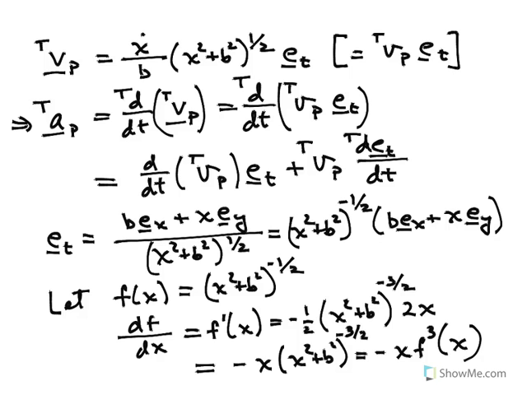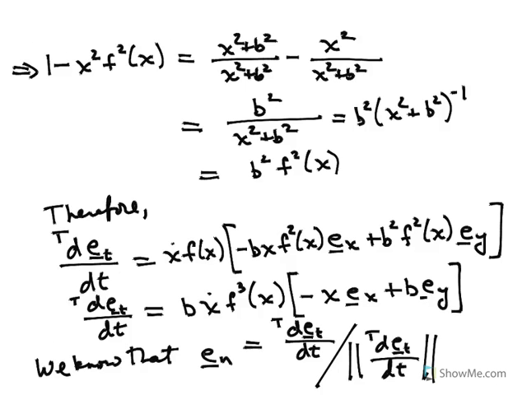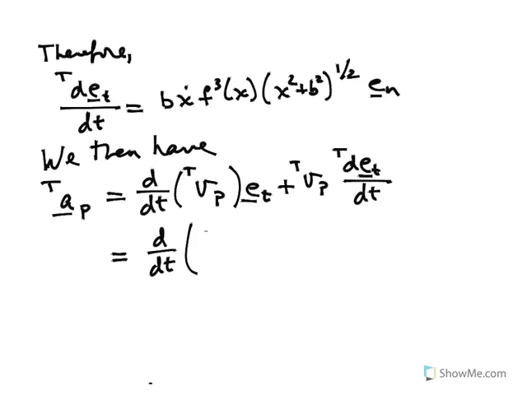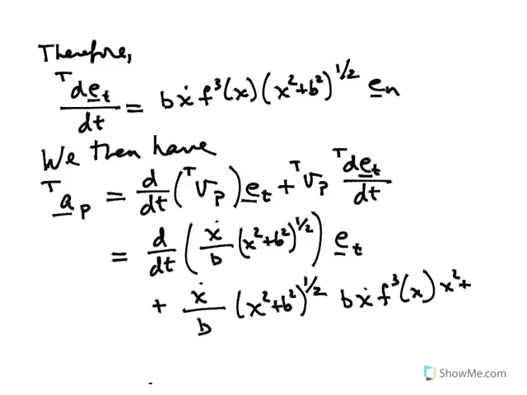The speed is x dot over b times x squared plus b squared to the 1/2 times the tangent vector plus x dot over b times x squared plus b squared to the 1/2 times the rate of change of the tangent vector, which gives me another b, another x dot, and it gives me this f cubed of x, which I'm going to simplify all this in just a minute, times x squared plus b squared to the 1/2 times e sub n.